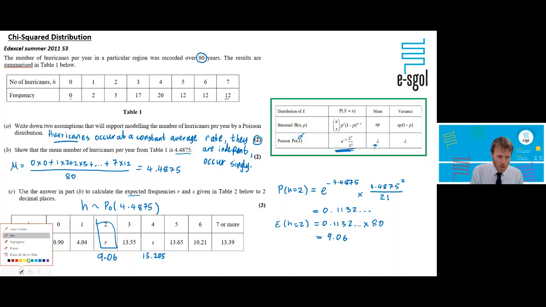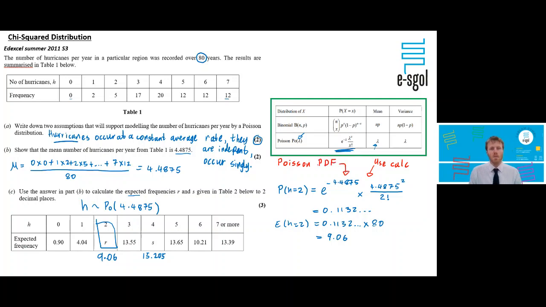Now I've used the formula here, but for this bit here, you could just use your calculator. So use calculator as an alternative. On your calculator, you're looking for the Poisson probability distribution function. That's the mode that you're going to use, and you should have been shown that in your lessons.